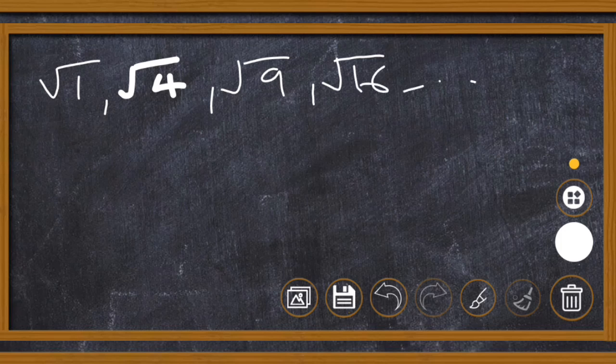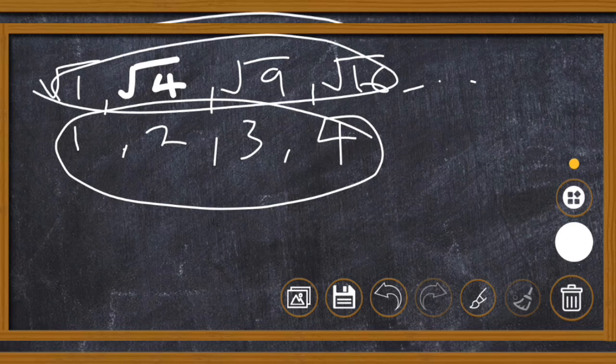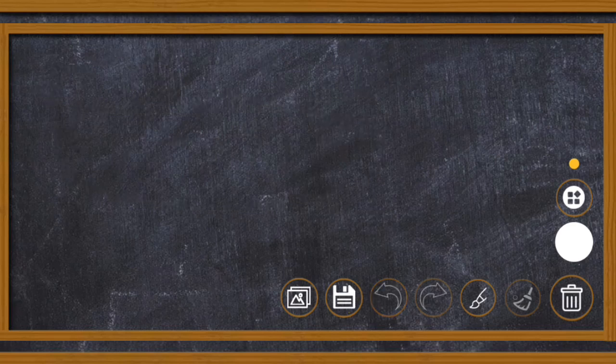These are perfect square numbers because the square root of 1 is simply 1, the square root of 4 is simply 2, the square root of 9 is simply 3, the square root of 16 is simply 4. So since these square roots of perfect squares are whole numbers, they are called rational numbers. So the square roots of perfect squares are also classified as rational numbers.